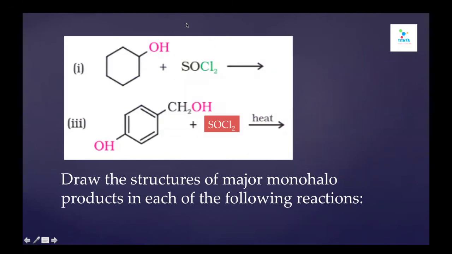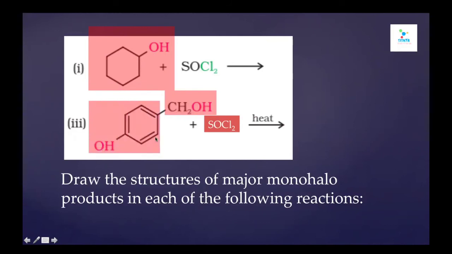Here you are being asked to determine which one will react with SOCl2. This one is a cyclic alcohol, and this part is alcohol. Here also this one is alcohol, but the second portion is not alcohol; this one is phenol. In the first one, the product will be this one: in place of OH, it will be Cl.